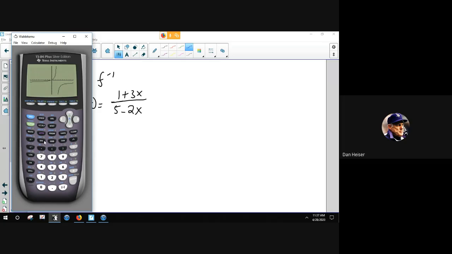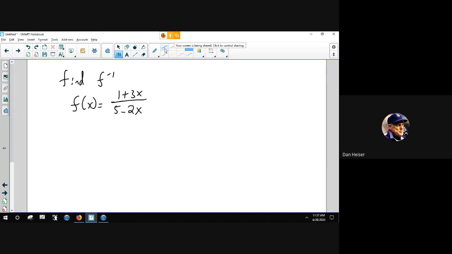It is 1-to-1. It looks like we have a gap here. We have an asymptote here. 1-to-1 passes the horizontal line test. So this does have an inverse.